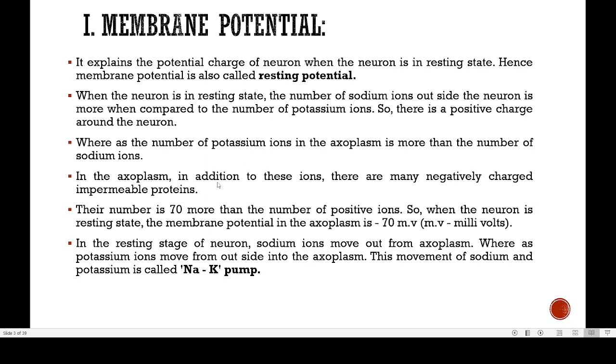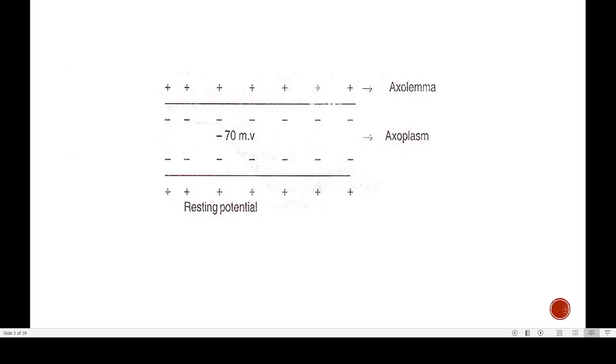Now in the cytoplasm, in addition to these ions, there are many negatively charged impermeable proteins. So how is this minus 70 negative charge there? If there are 10 positively charged sodium ions here, an equal number of potassium ions will be there, and the overall charge will be equal.